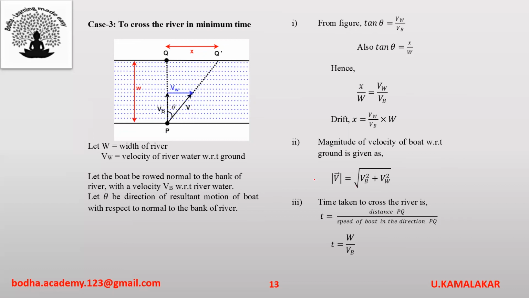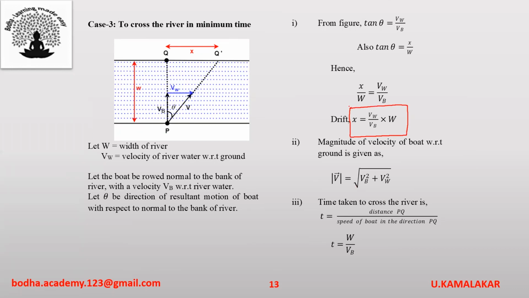Let theta be direction of resultant motion of boat with respect to normal to the bank of river. Then from figure, tan theta equals vw by vb. Also, tan theta equals x by w. Hence, x by w equals vw by vb, or drift x equals vw by vb whole thing into w.